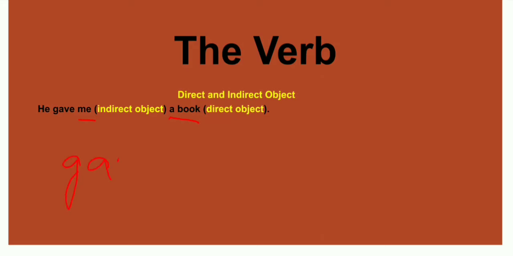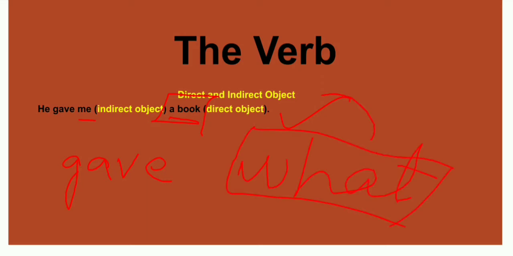The answer is a book. A book is called the direct object, when the answer comes to what. And if we put the question, he gave a book to whom, then to whom will give the answer of the indirect object.